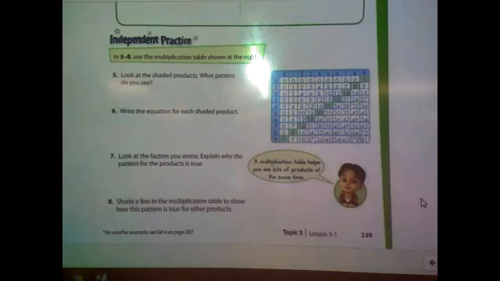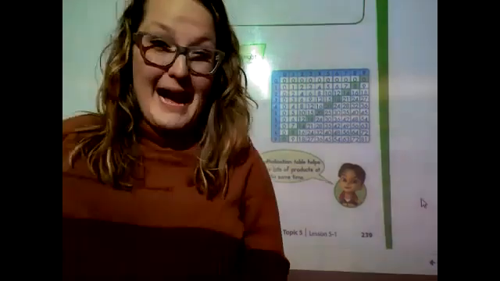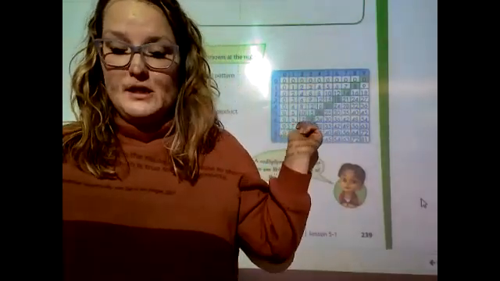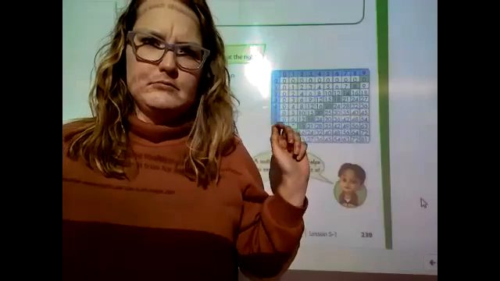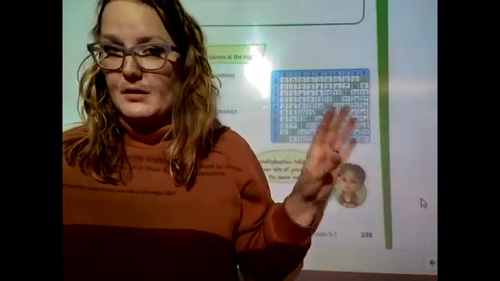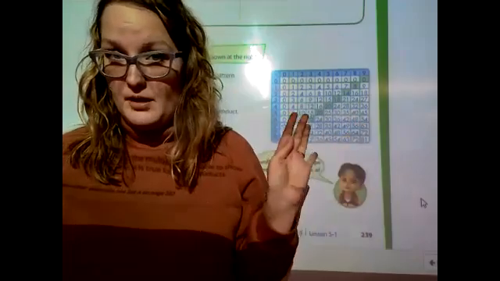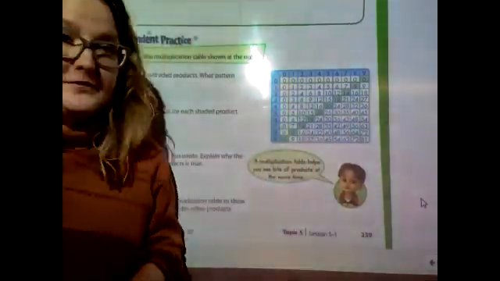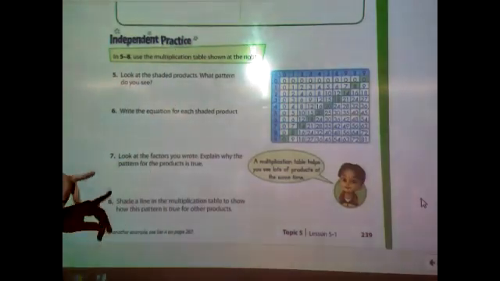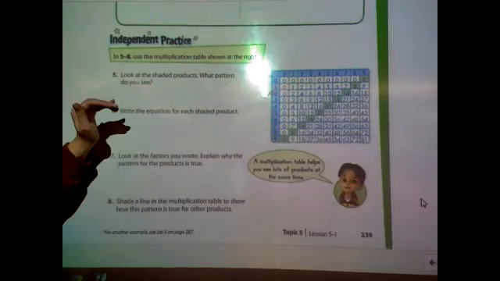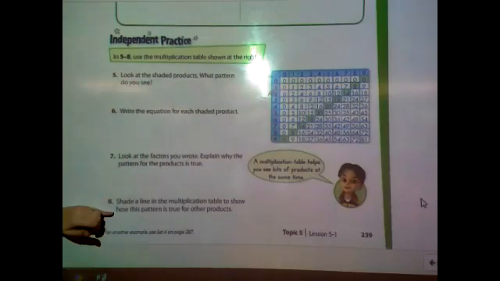And you're going to be looking for patterns on this multiplication table. And if you're still wondering how to use a multiplication table, I will post a video with more that you could pause now and practice a little bit more with it. But if you're feeling good, let's do it. So you're going to use this multiplication table over here and answer these questions here.